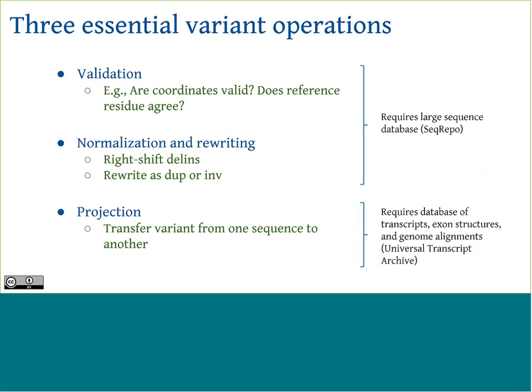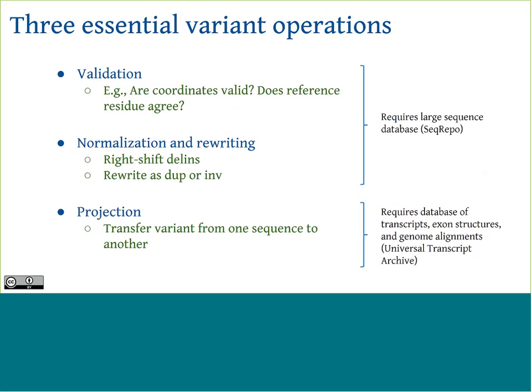Okay, so as I mentioned, at Invitae I led the team that developed our HGVS manipulation tools. We then open sourced those tools, and that package, also called HGVS, has become one of the more popular packages for manipulating HGVS expressions.